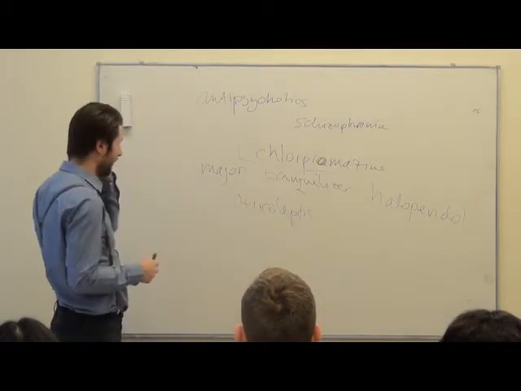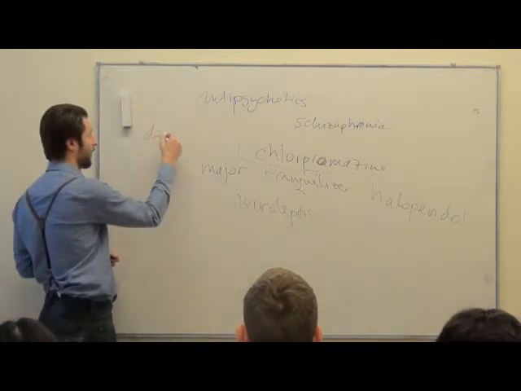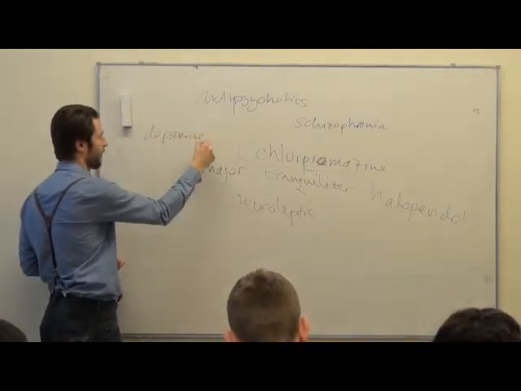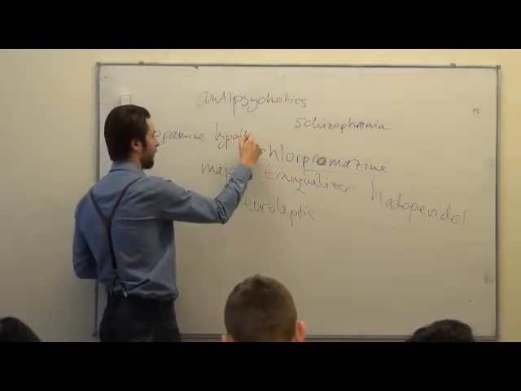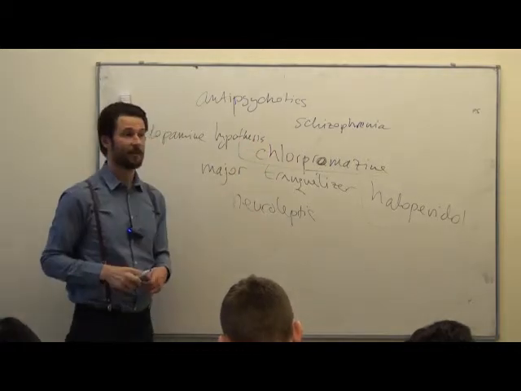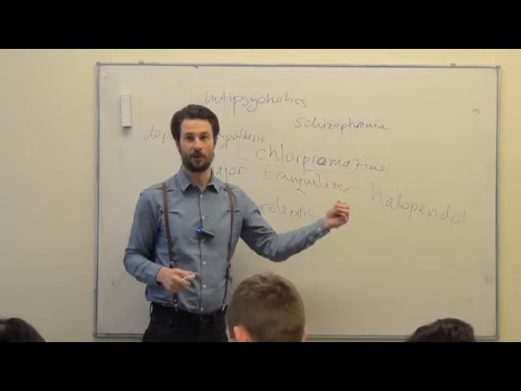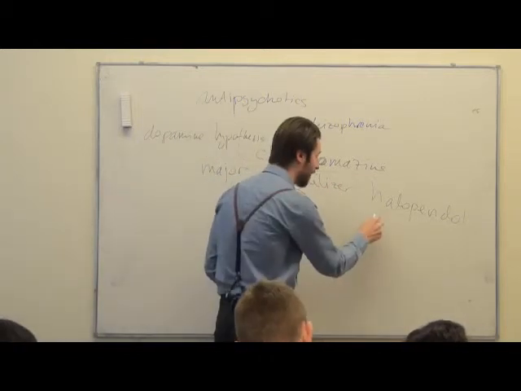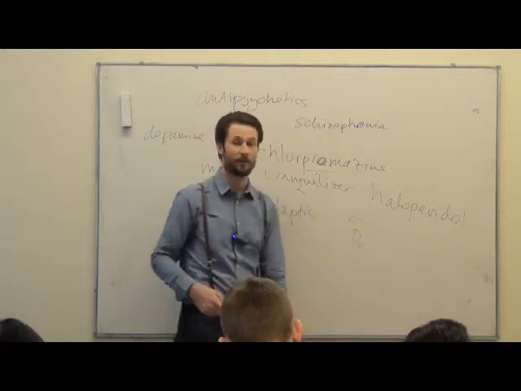Nowadays, the most accepted hypothesis is the dopamine hypothesis. It is based on the fact that most of these super effective antipsychotic drugs are antagonists on dopamine receptors, and most of them are antagonists on D2 receptors.